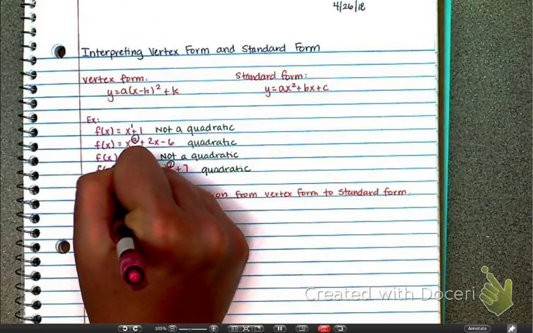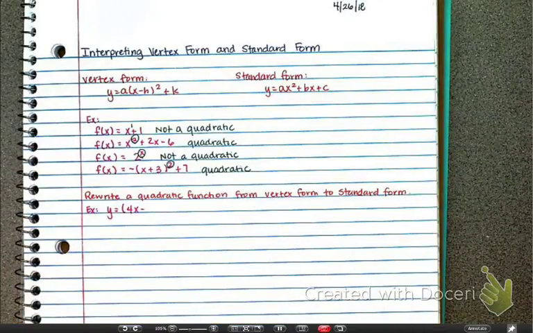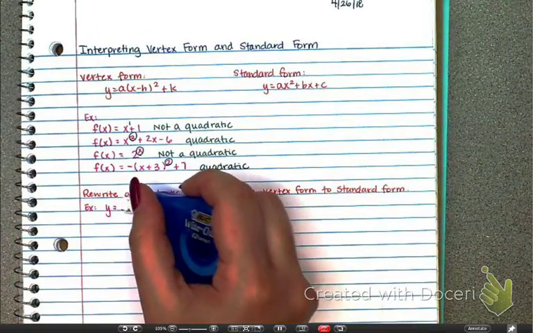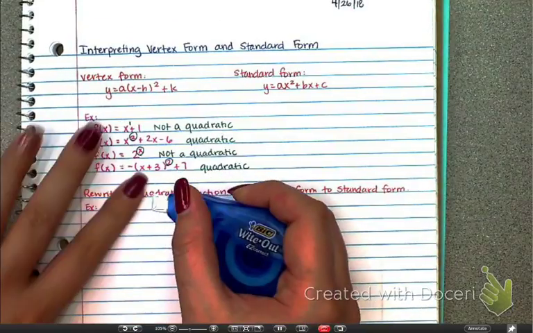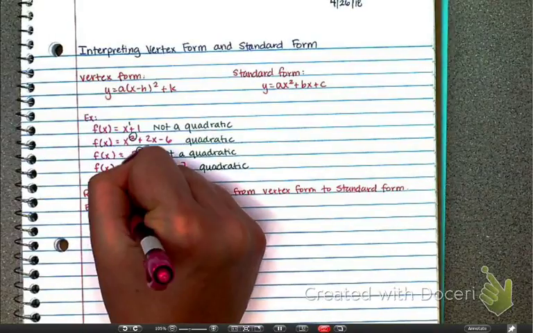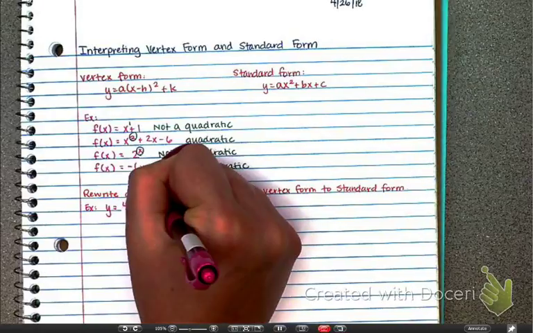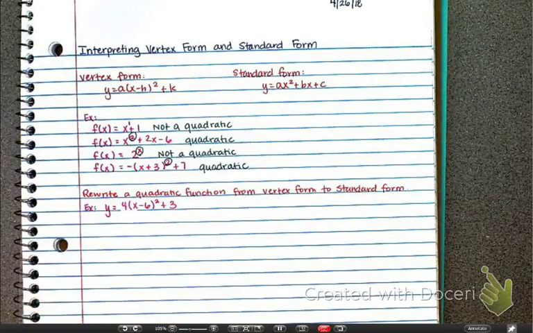So I'm going to give you y equals 4 times x minus 6 squared plus 3. So that's our equation in vertex form. We want it to be in standard form. So we want it to be in the form ax squared plus bx plus c. Where do you think we start?